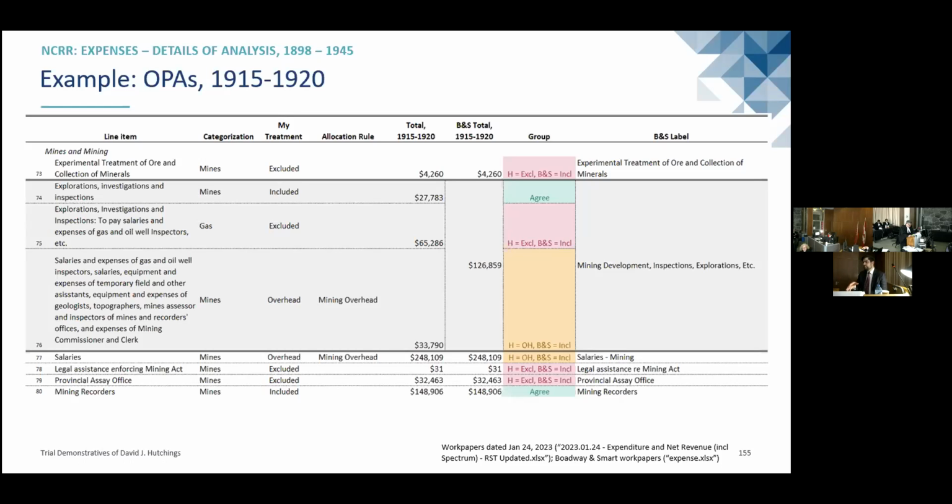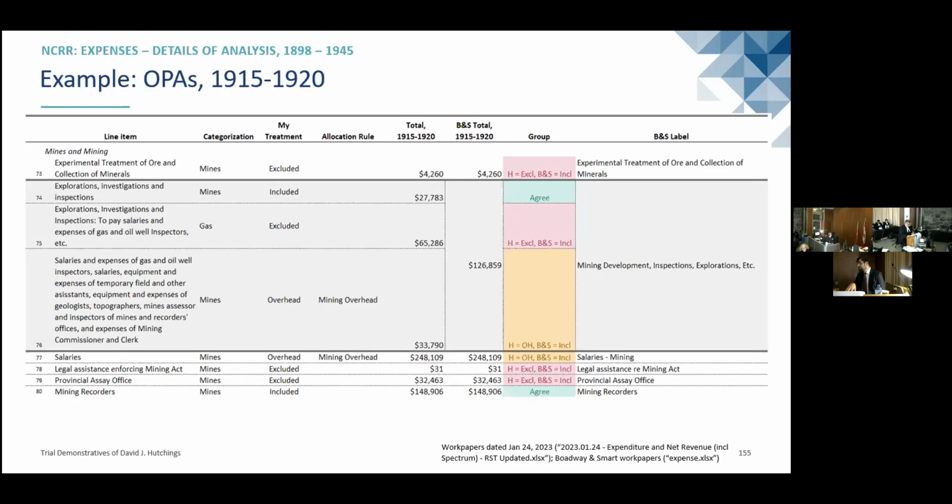So of that 126,859, I include the 27,783. I exclude 65,286. And I treat 33,790 as overhead. So it's partially included.